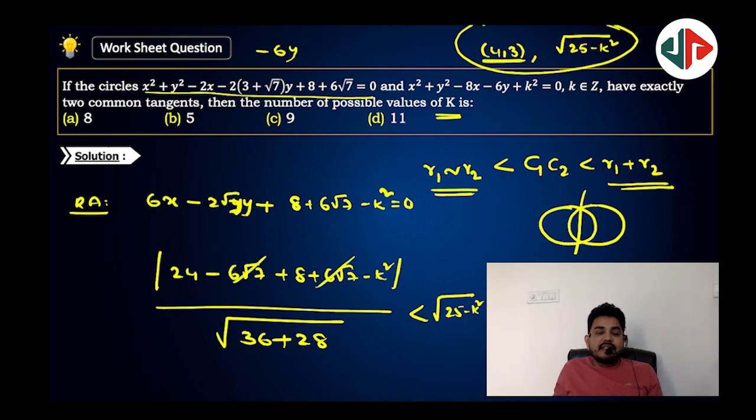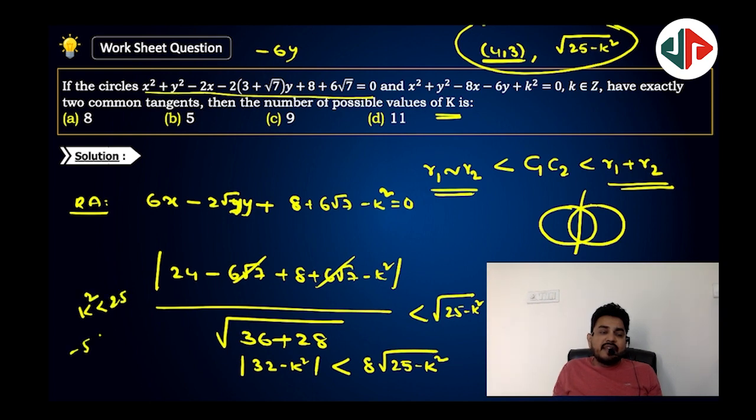This cancels, so modulus of 32 minus k square is less than, this is 64, 8 root of 25 minus k square. So clearly k square should be less than 25, so minus 5 less than k less than 5. Less than or equal to, you can take.